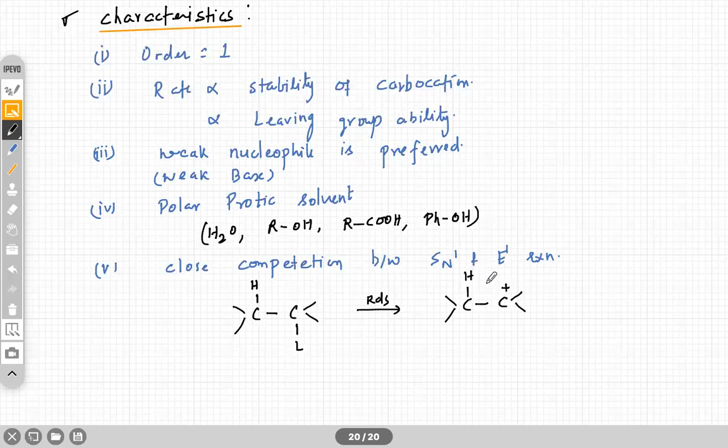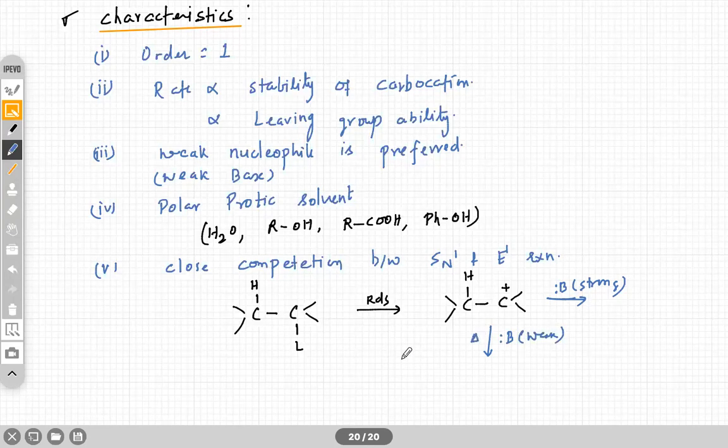Now after this, what would be the product of the reaction? It depends upon what reagent we are taking here. Suppose we are taking a base which is very strong, and suppose we are taking a base which is not that strong, weak, plus we are heating it also.